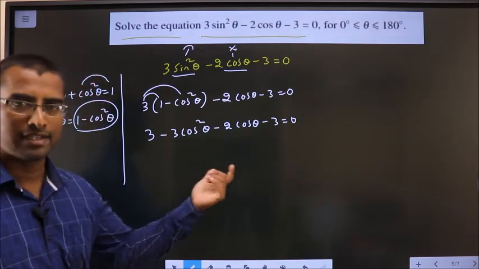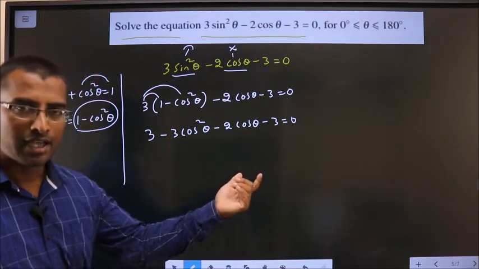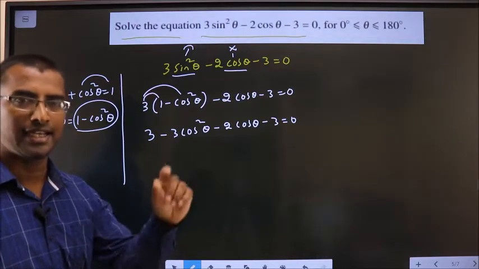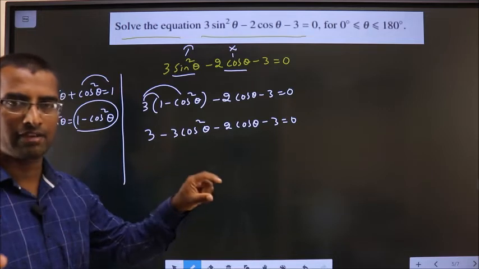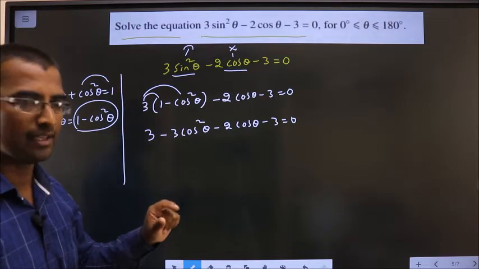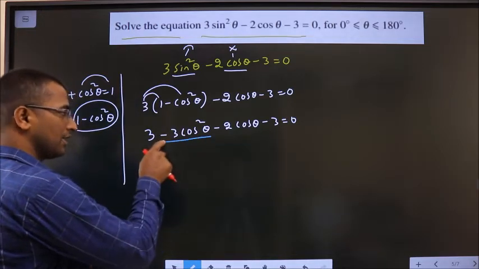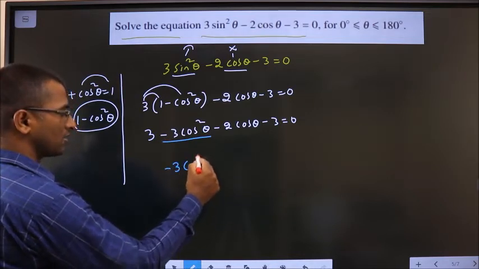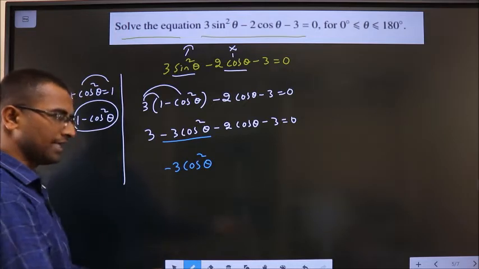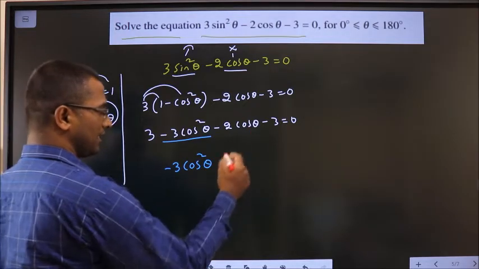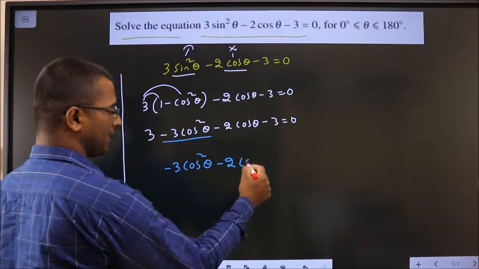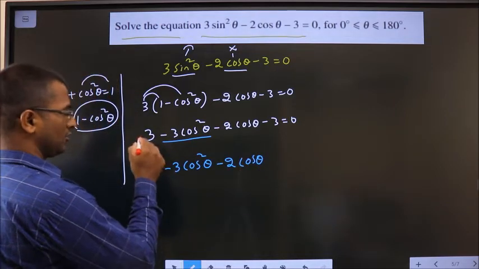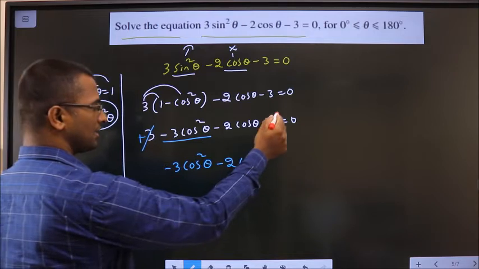Now if I look at this equation, I should get the idea of quadratic. So I arrange it in proper quadratic equation form. In that, first the square term, so that is minus 3 cos square theta. Next is minus 2 cos theta. At last the constant. So here it is plus 3 minus 3 cancel out.